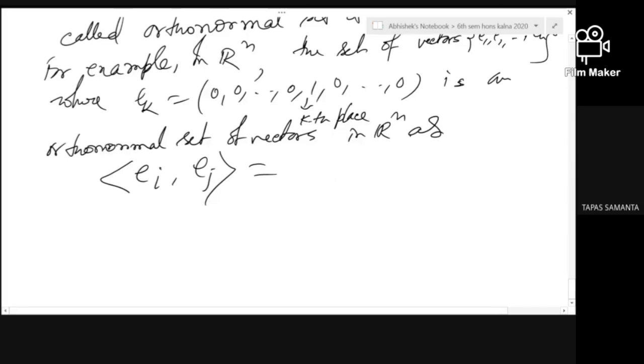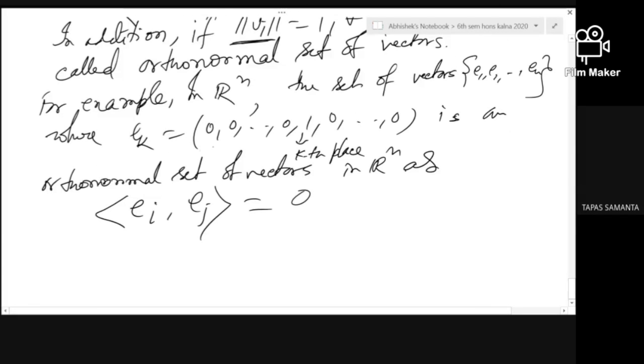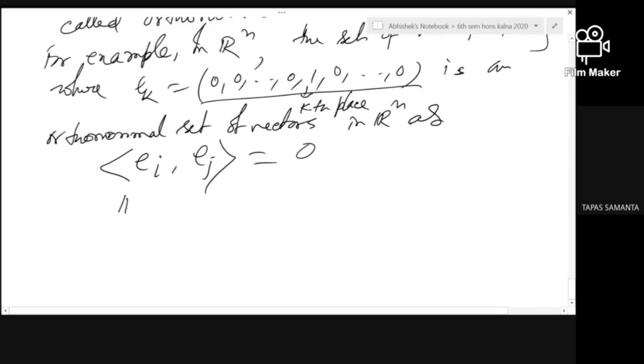So all these are 0. So this is 0. And from the definition of the Eks, the norm of each Ek is 1 with respect to the usual inner product. So this is an orthonormal set of vectors.